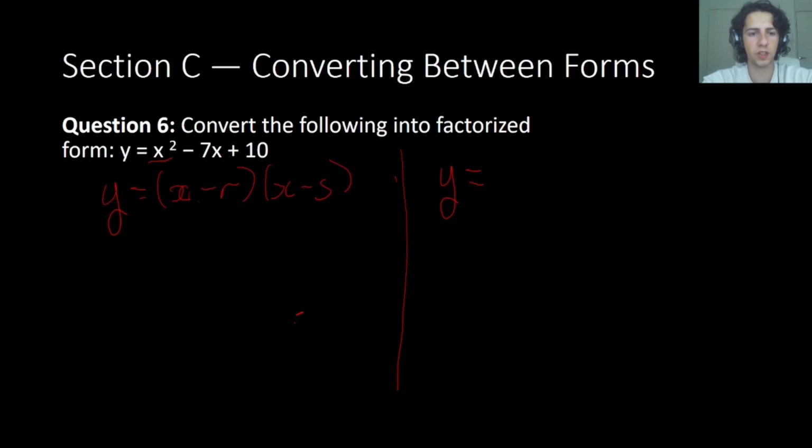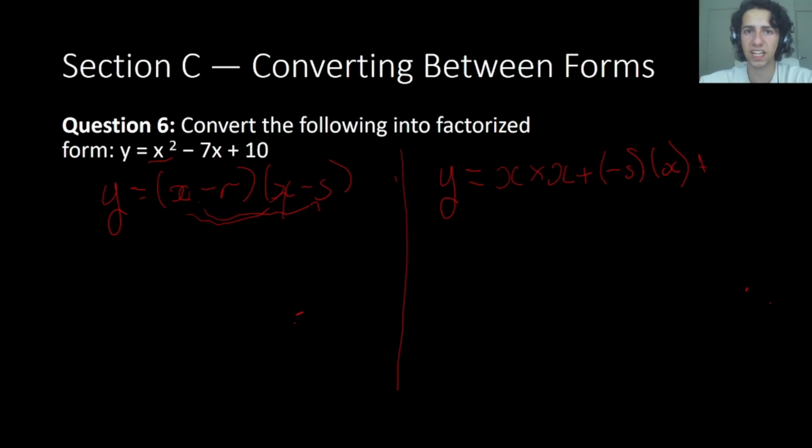So, polynomial expansion: we will start with the first term from the first polynomial and multiply that by all the terms within the second polynomial. So we have x times x, plus x times minus s.